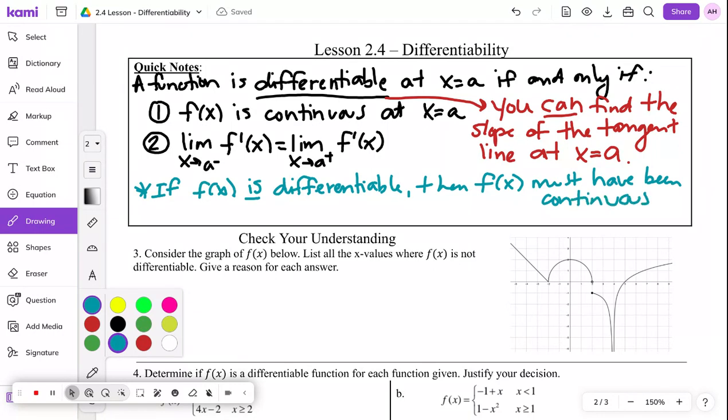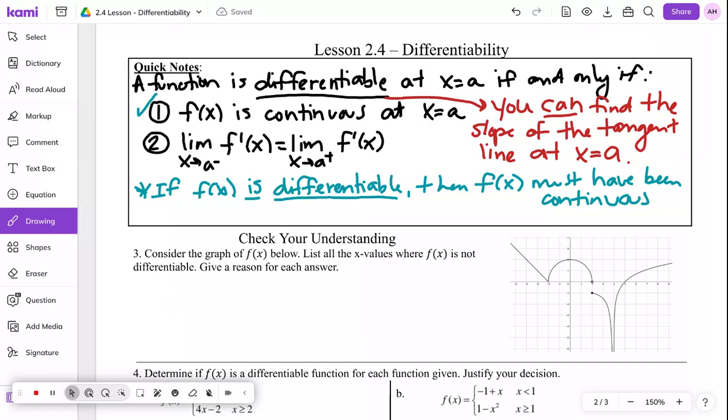Does not work the other way around. So if the function's continuous, that does not guarantee it was differentiable. But if it is stated that a function is differentiable, then we know that function had to have been continuous because it has to meet that first criteria. That's going to be important.